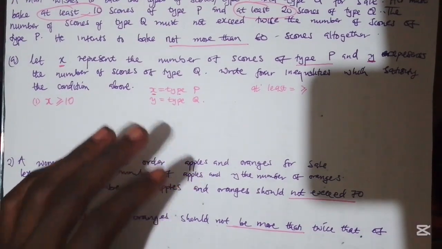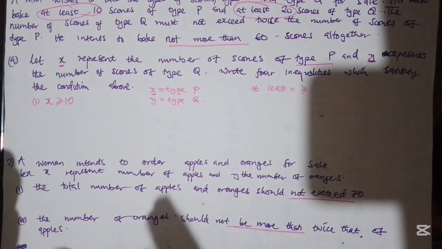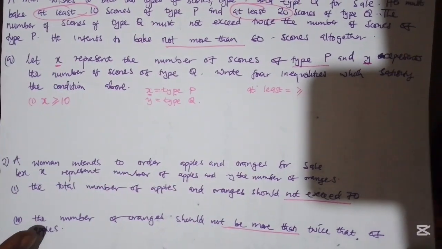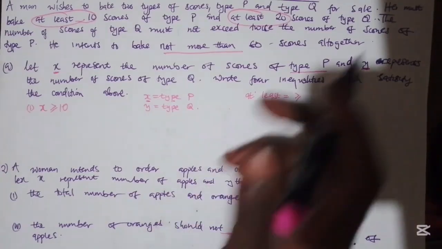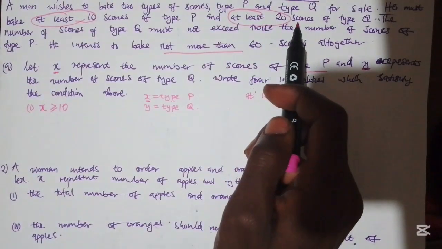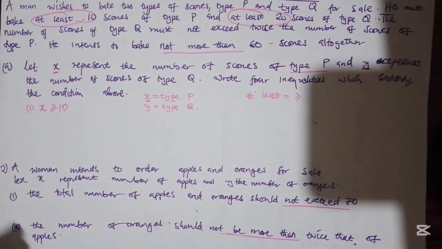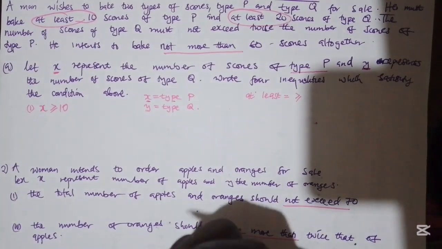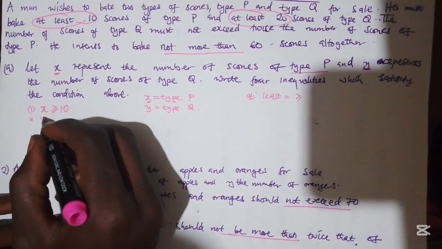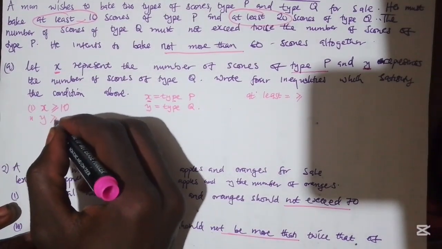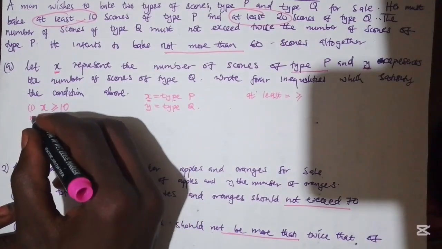This is how simple inequalities are. By seeing how we did for X, you can move on to our second inequality, which is again saying he must bake at least 10 scones of type P and at least 20 scones of type Q. So again, you say which letter is type Q. Y is representing type Q. So you say Y, and the word we have is at least, so it should be greater than or equal to 20.